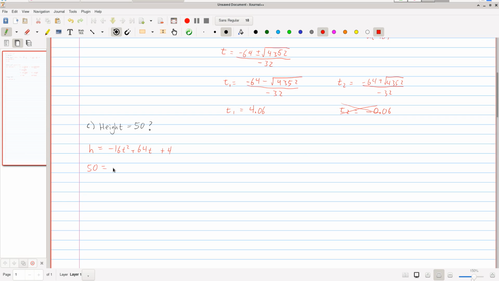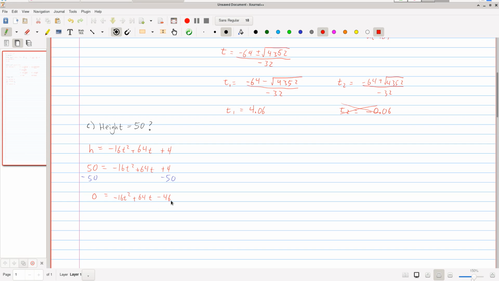So we've got 50 equals negative 16t squared plus 64t plus 4. Now to get things started, let's subtract the 50 over. So this way on the left-hand side, we're left with 0. And on the right, we've got negative 16t squared plus 64t minus 46.